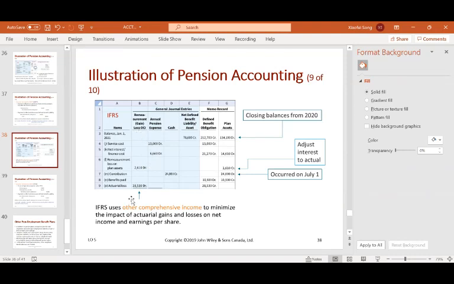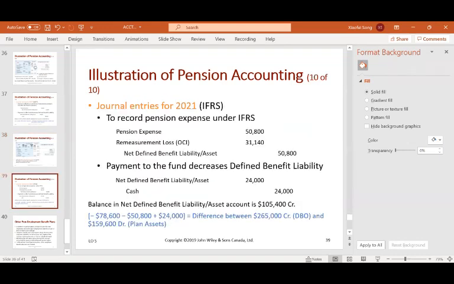So that's all the difference. There's no difference in the net defined benefit liability, no difference in plan assets or DBO. Only two of the components will not be included in pension expense. That will affect our journal entry, the first one, even though the total increase in the net defined benefit liability is the same.